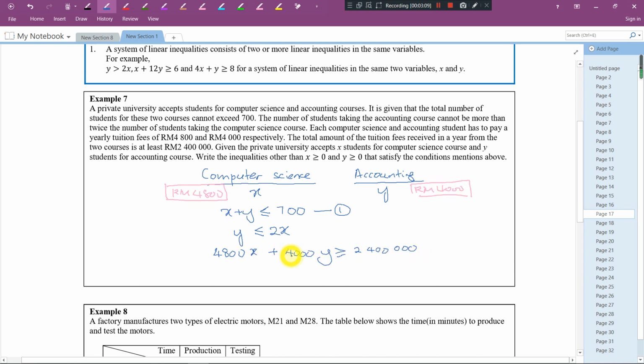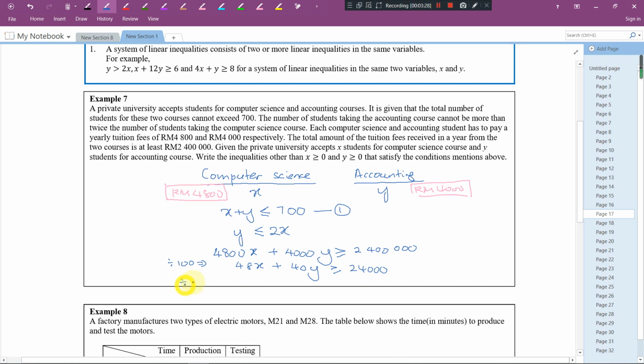The number, you can actually reduce it. Okay, first I just divide the whole inequality by 100. So it becomes 48X plus 40Y is greater than or equal to 2,400,000. Okay, so I still can reduce further.